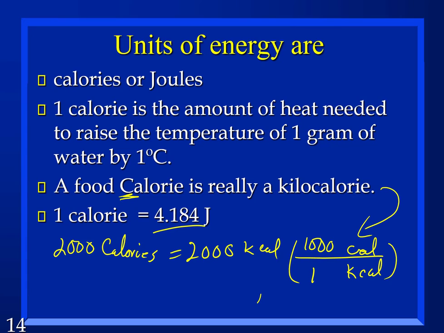So if you wanted to eat 2,000 little c calories, that wouldn't be much, but 2,000 big C calories is 2 million little c calories.